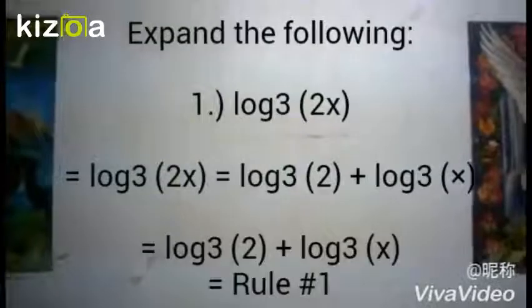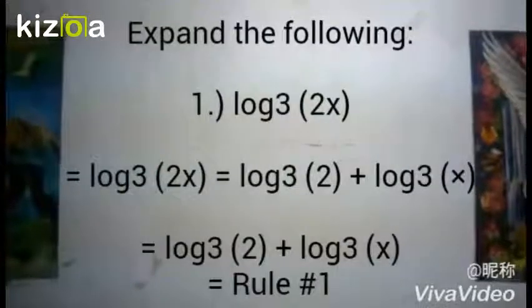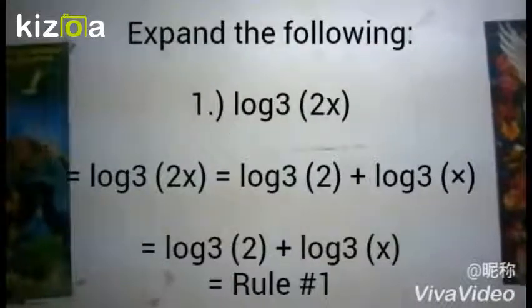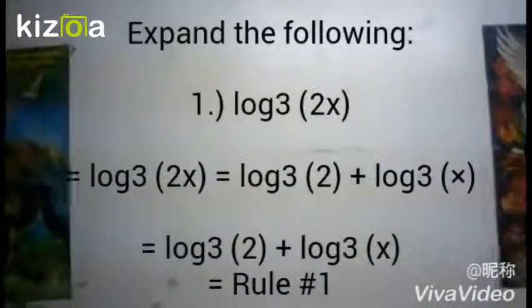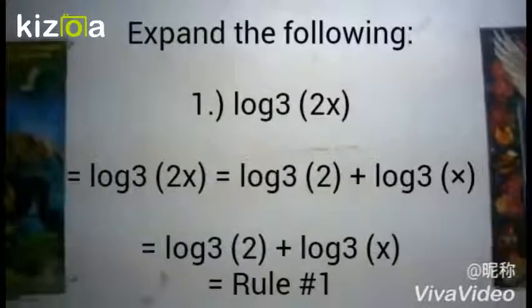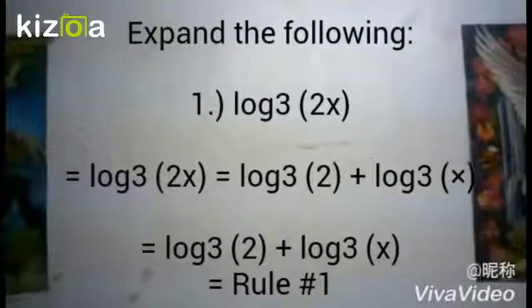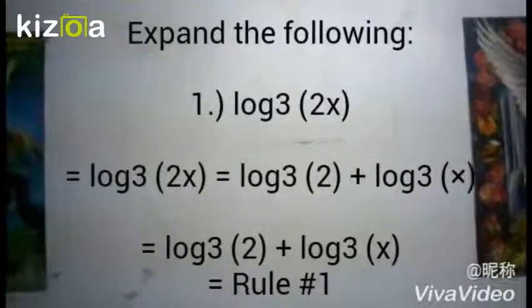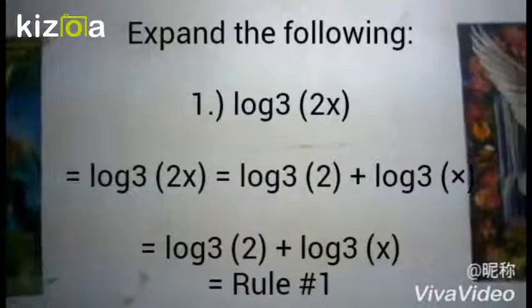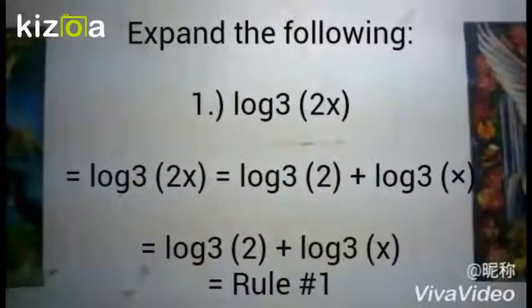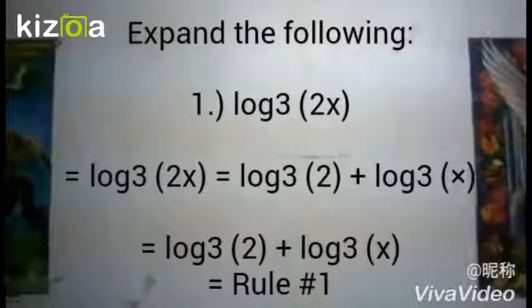We have here some examples. Expand the following. Example number 1: logarithm of 2x to the base of 3. In this case, we have 2x inside the log. Since 2x is multiplication, we can take this expression apart according to the first of the log rules and turn it into addition outside the log.